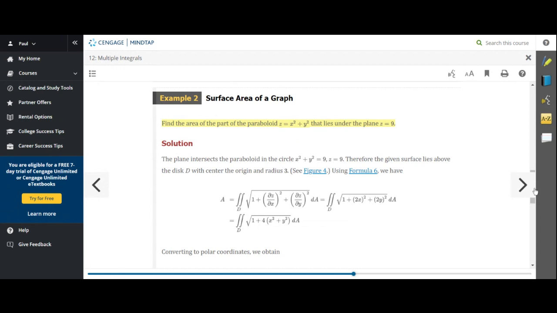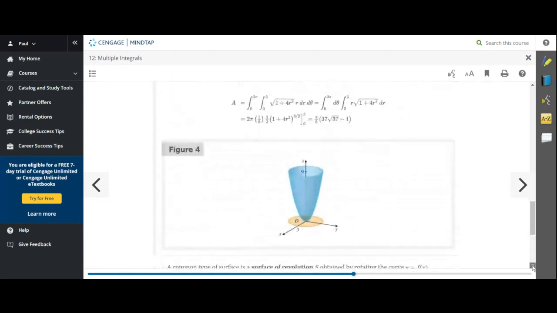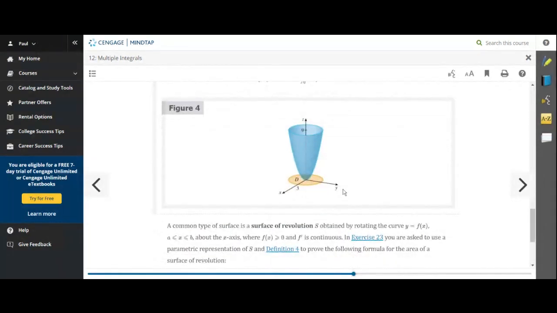So given that, if we look at the picture of the paraboloid, there's the picture, and we want to find the surface area of that surface. We want to find the surface area of this blue surface that you see. The region D is a circle.